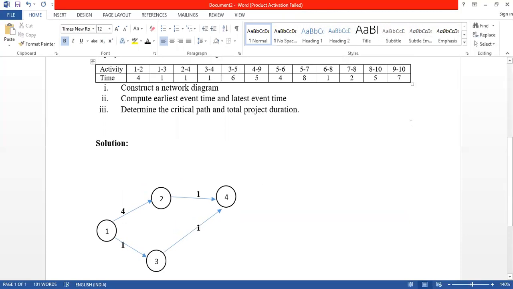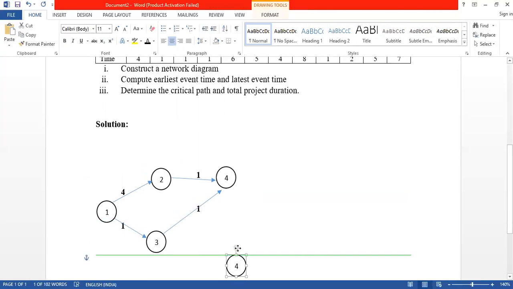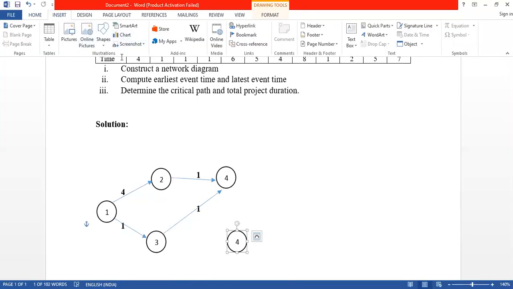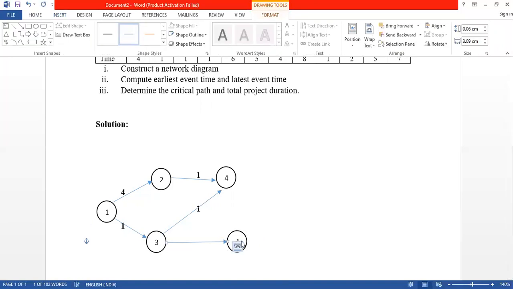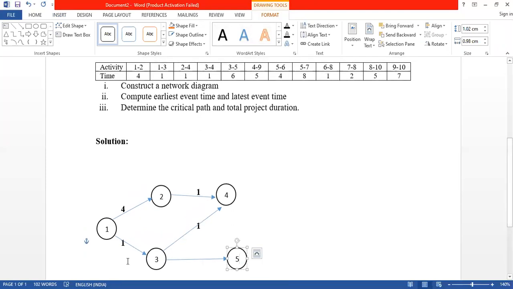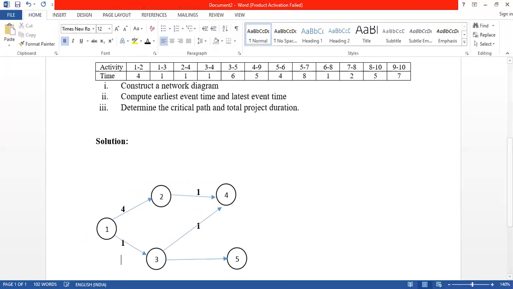Now 3 to 5, that means there is another event 5. Event 3 is connected to event 5, and it is taking 6 hours of time.